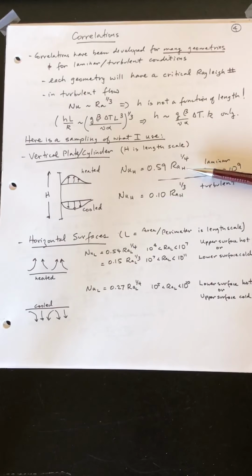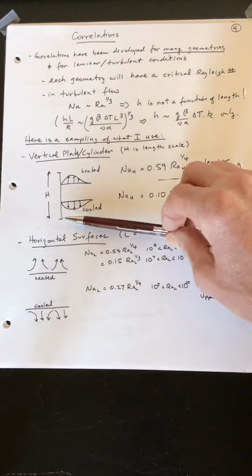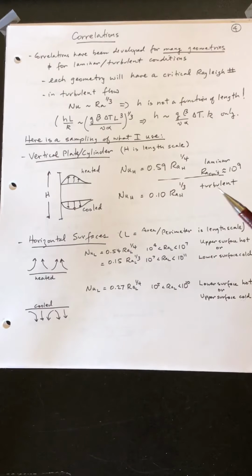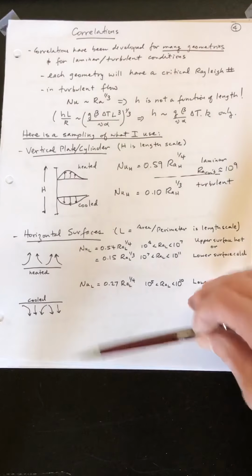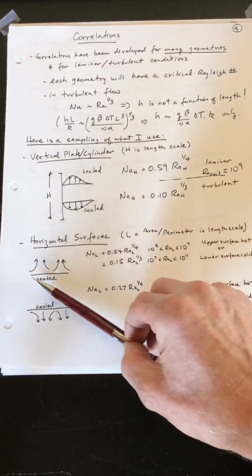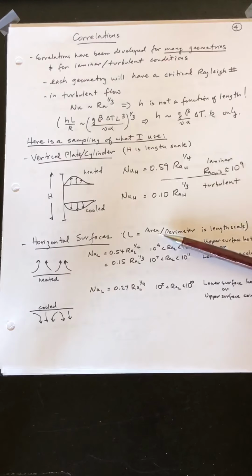Vertical plate: the length scale for the Nusselt and the Rayleigh number is the height of the plate, so it's an average value. For horizontal surfaces, you need a length scale, so you'll use the area over the perimeter.